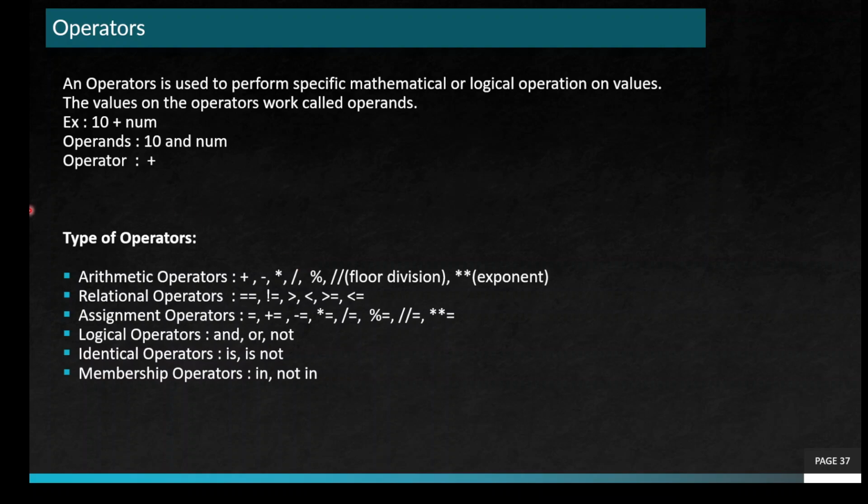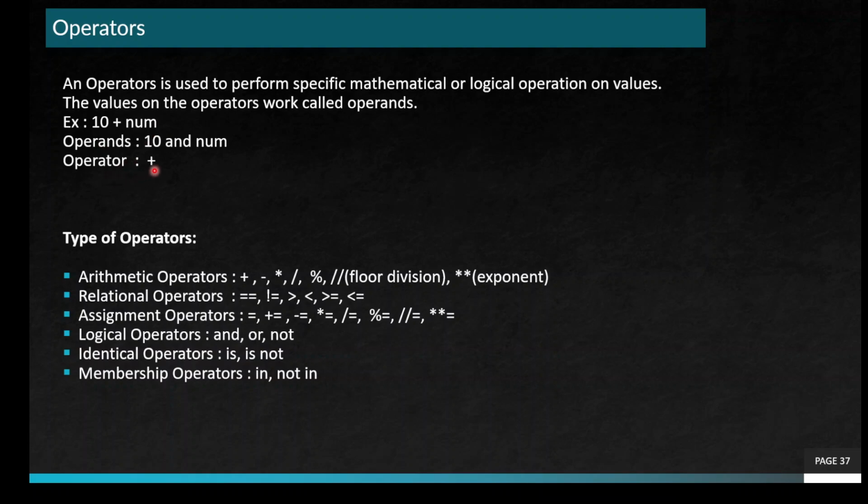If we do 10 plus num, this expression is called an operation, and this plus sign is called the operator. The values 10 and num, having some value, are called operands. So operands are those values on which the operator works.